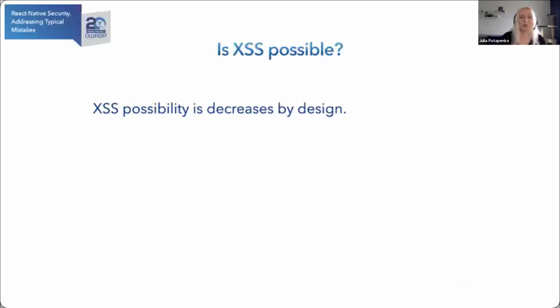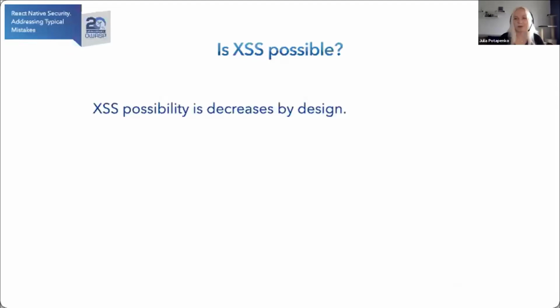Okay, one more example. Now it's JavaScript specific. Maybe one of the most popular questions I hear is: is XSS possible in React Native? And the generic answer is its possibility is decreased by design.